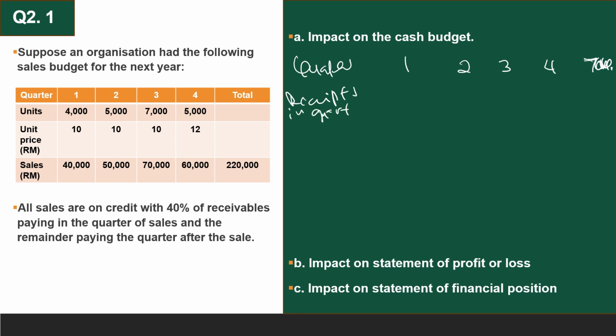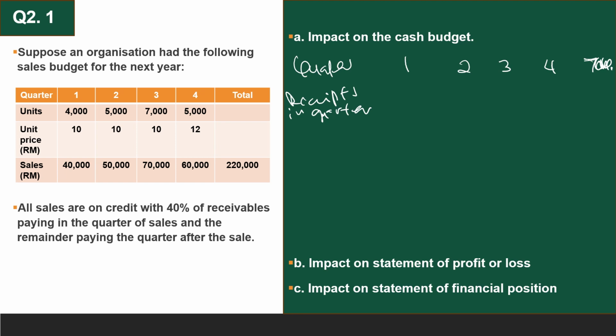In order to prepare the cash budget, you need to know how much money you receive in each quarter. Referring to this question, all sales are on credit with 40% of receivables paid in the quarter of sales, and the remainder paid in the quarter after the sales.